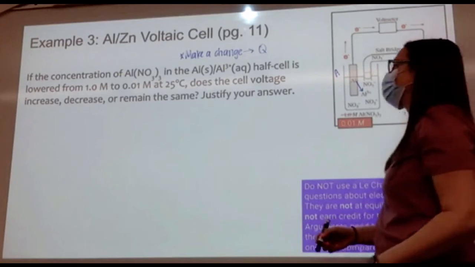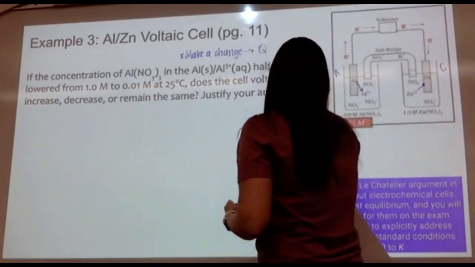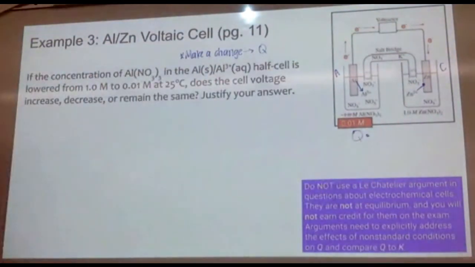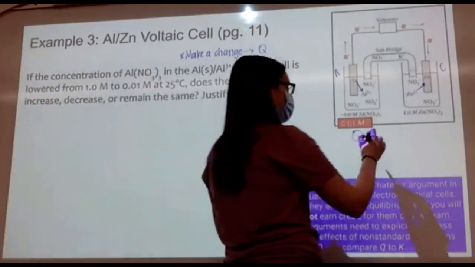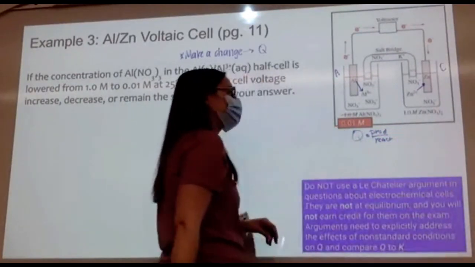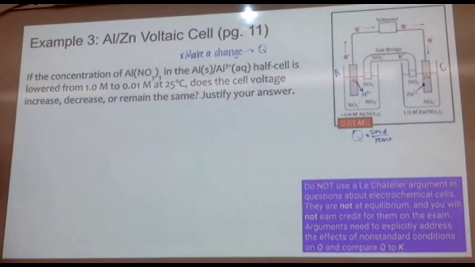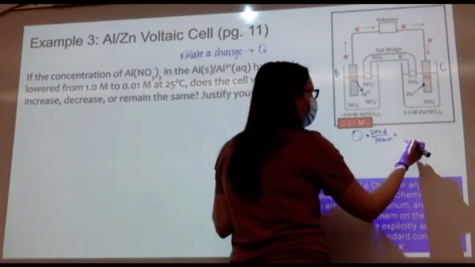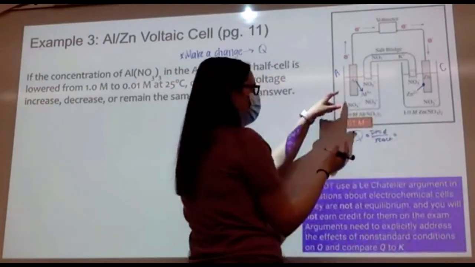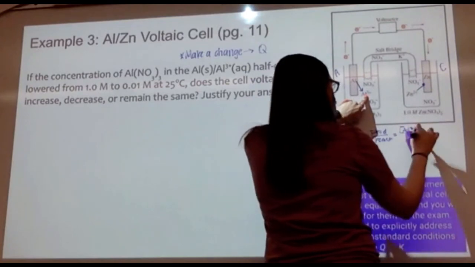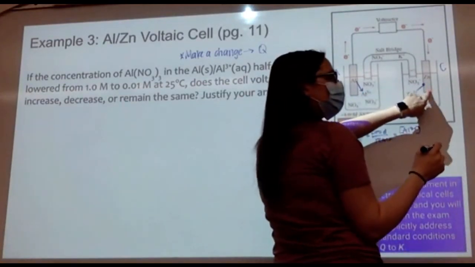So we think about Q. I'm just off to the side over here going to write Q. Q is products over reactants. Remember, Q is calculated like K. Well, I think about what we have occurring here. My products, I said aluminum converts to Al3+, so my products are Al3+ and zinc solid.